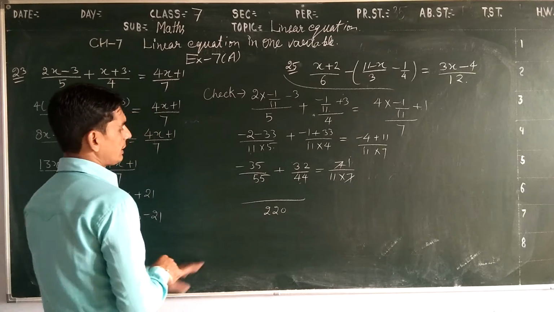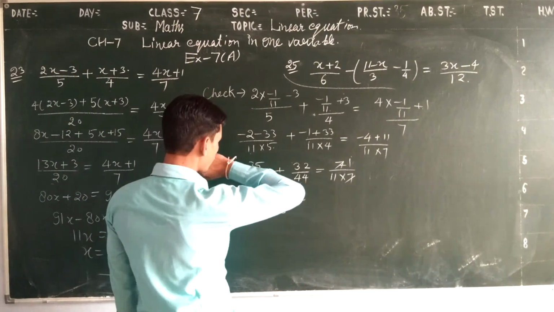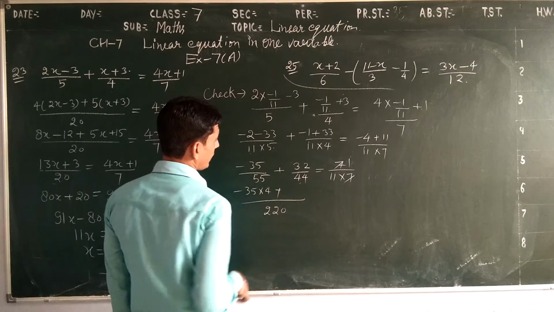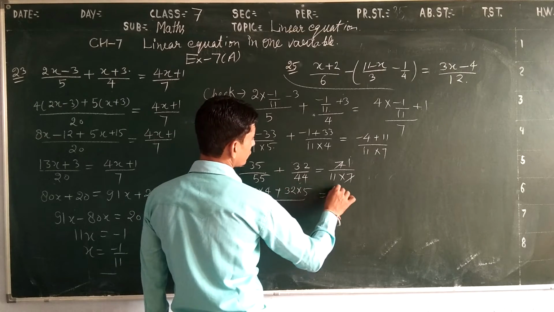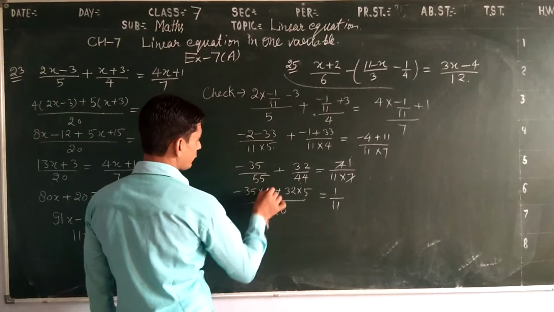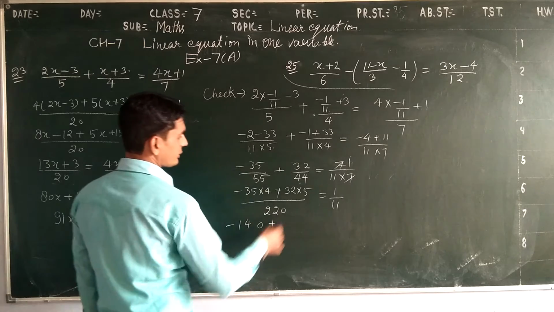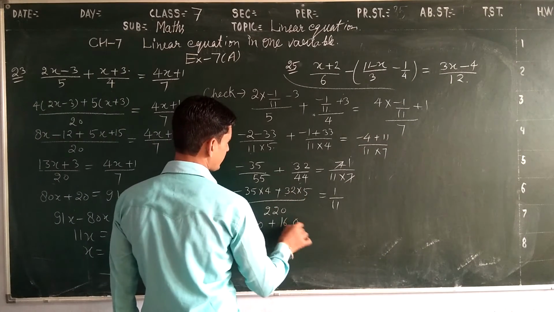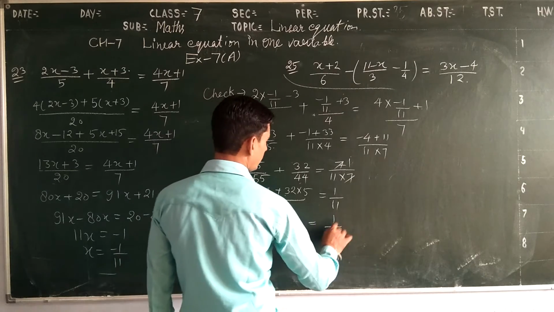So how many times does 55 go into 220, beta? Just 4 times. So 35 multiply 4 and plus as it is here 32 multiply 5 equals 1 upon 11. So 4 5s are 20, 4 3s are 12 and 2 is 140, and plus 5 2s are 10 and 5 3s are 15 and 1 is 160 upon 220 equals 1 upon 11.